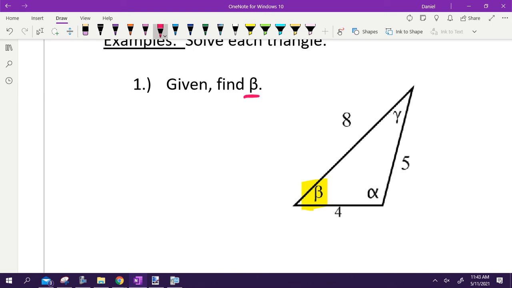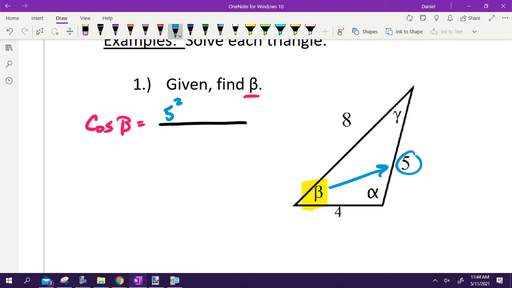Here's how that formula works. It is cosine of whatever angle I'm trying to find, so it's cosine of beta. And that's going to be equal to a fraction. Typing this into your calculator correctly is important. You're going to start off with whatever side is across from beta. In this case, it's 5 squared, minus the other two sides squared.